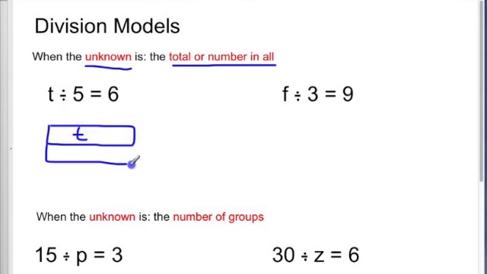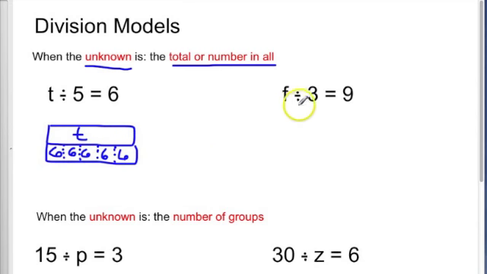I need to show that I have divided it into 5 parts. Okay, and I know that each part is 6. So I'm representing T divided by 5 equals 6, where the total or the number in all is unknown.